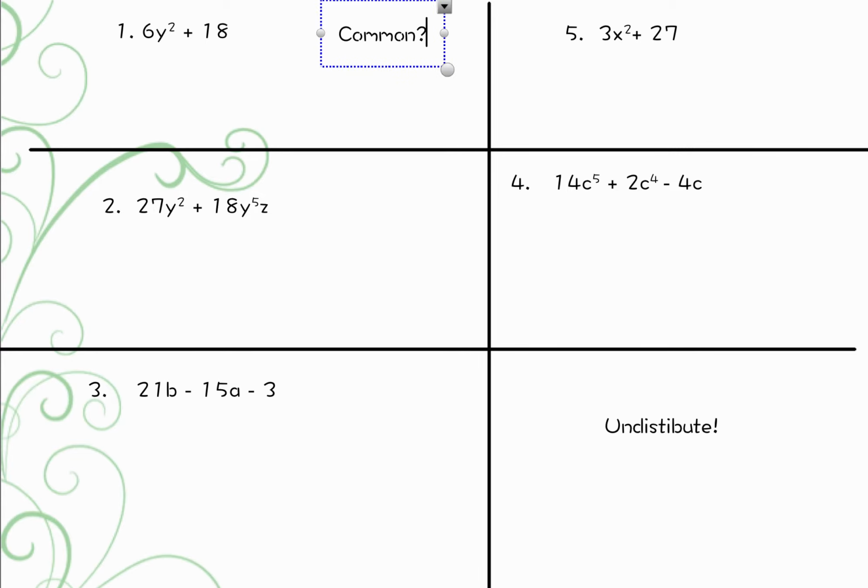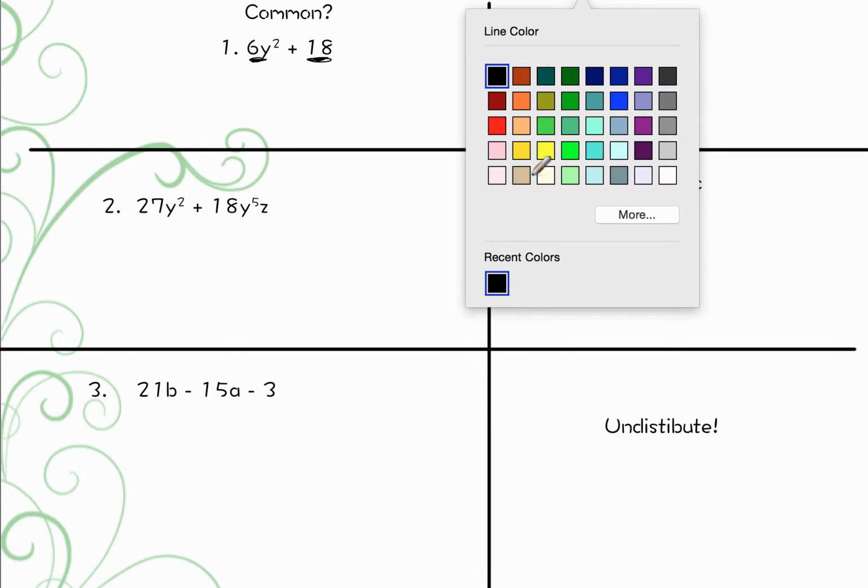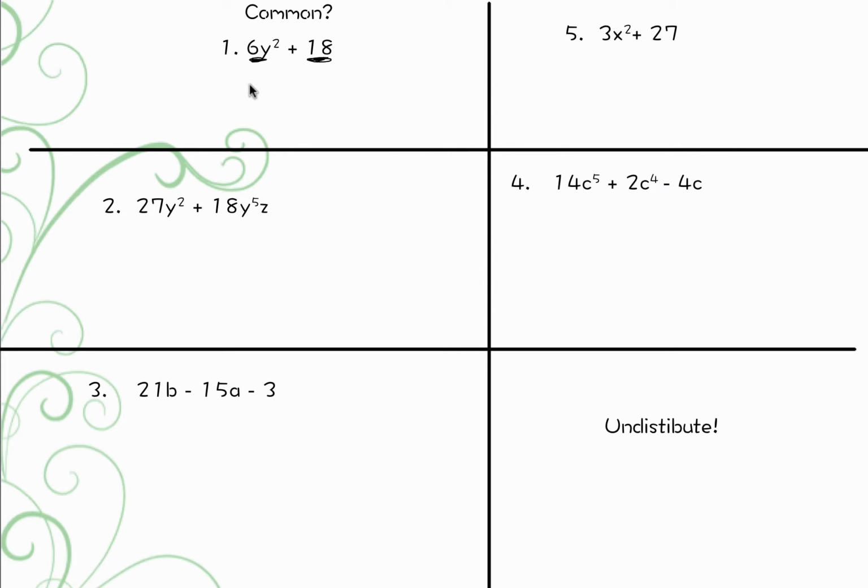What's common? What does it look like everybody got? Well, if I look at this one, what's common to 6 and 18? 6. So it looks like I passed a 6 out.